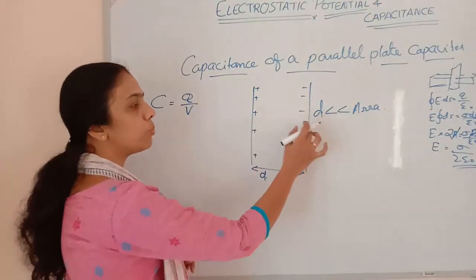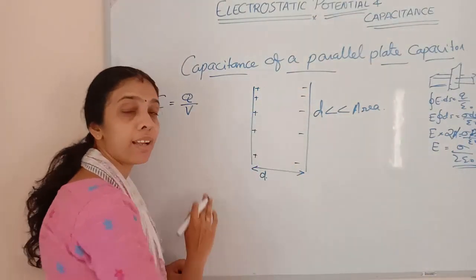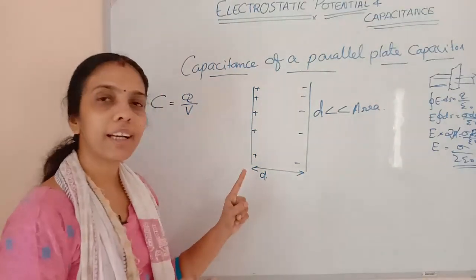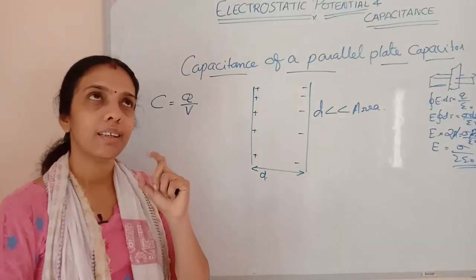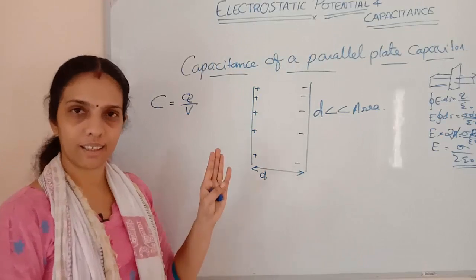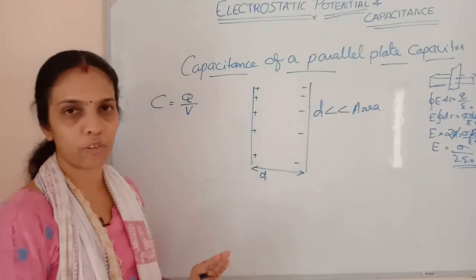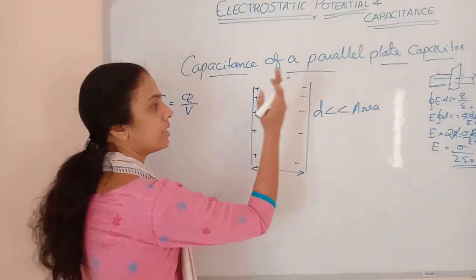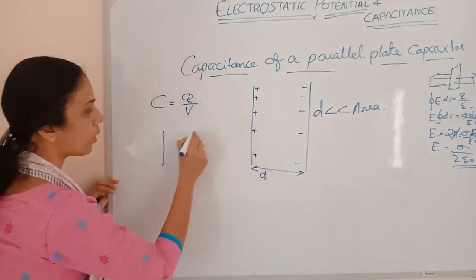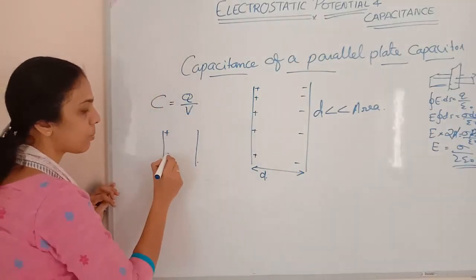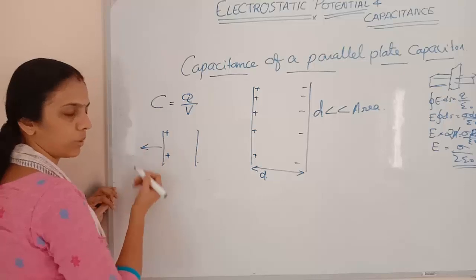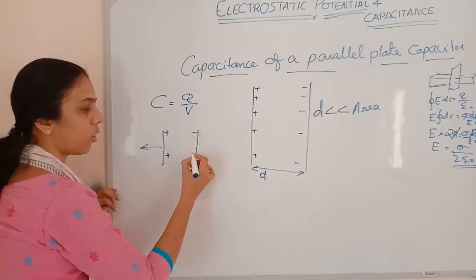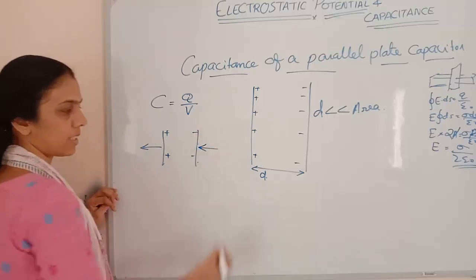Here two parallel plates are arranged parallel to each other. The same kind of question we did in Check Your Concept. One is positive charge and the other is negative charge. So how will the electric field act? The positive charge field always points outwards and the negative charge field always points towards the plate.